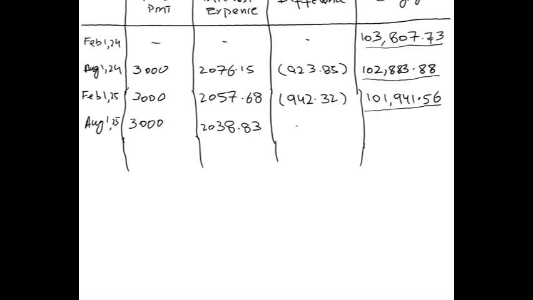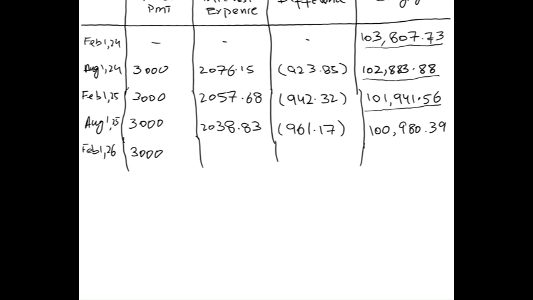And you will get, the difference will be negative 961.17, and again, negative number added to a positive number. This will come out to be this. And the last payment will be on February 1st, 26.